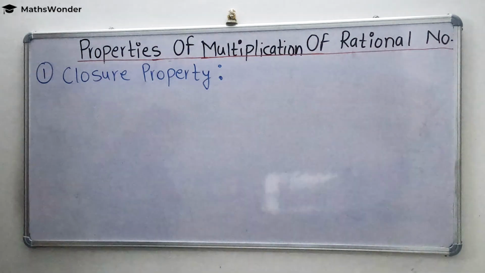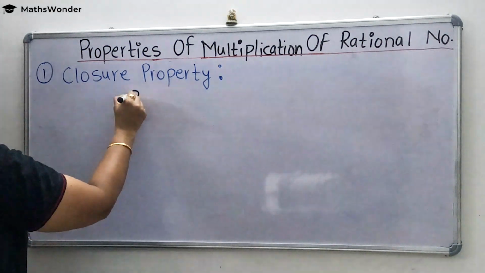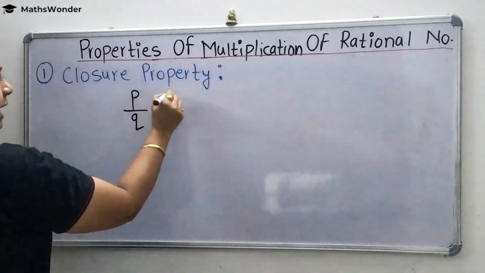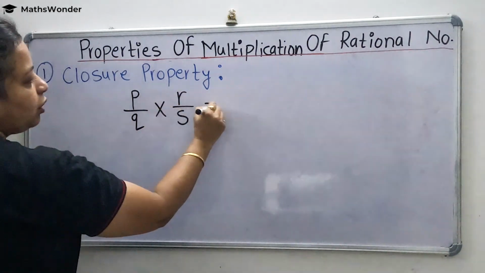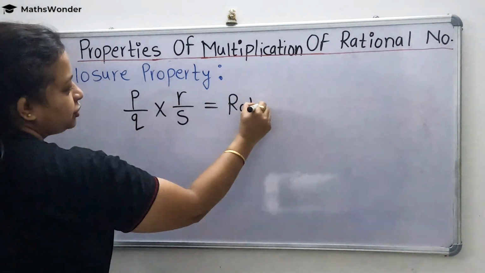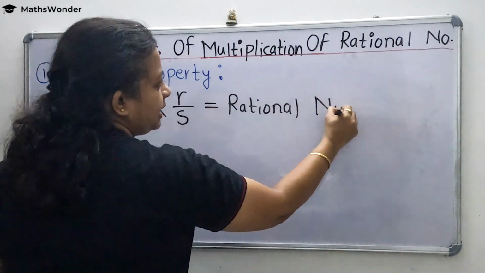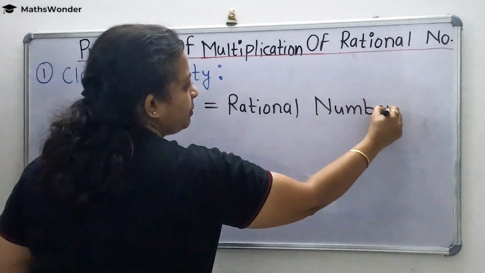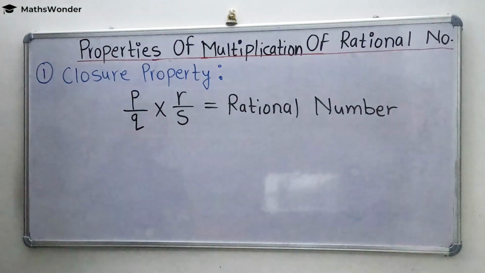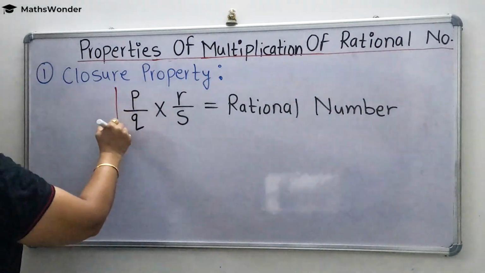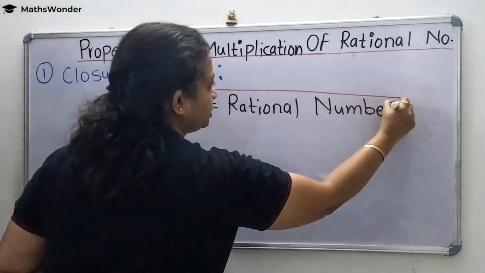It means that the product of two rational numbers is always a rational number. So P over Q times R over S always gives a rational number. Any rational numbers you take will give a rational number only. So this is the format of the closure property, just like addition and subtraction.